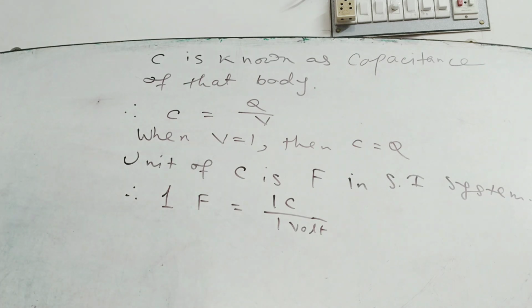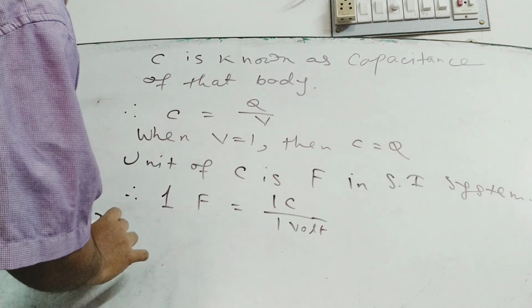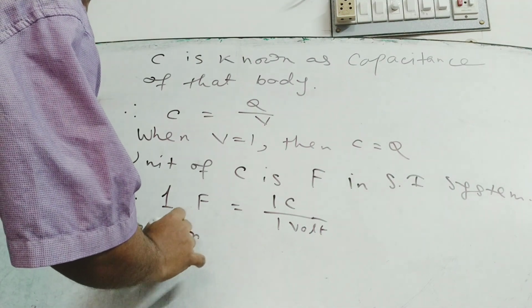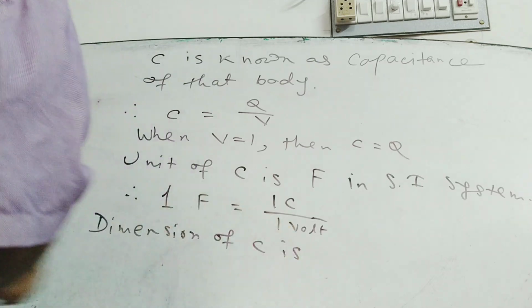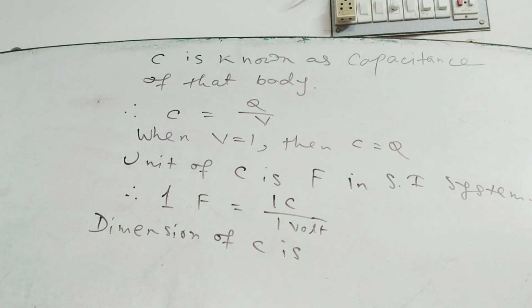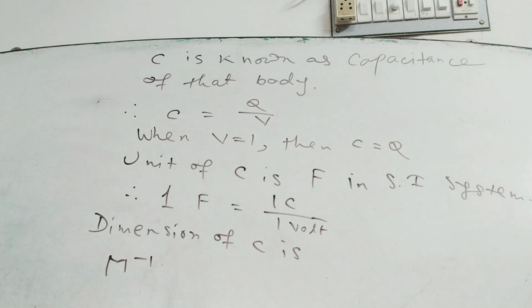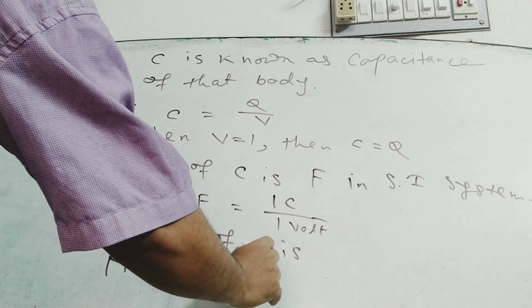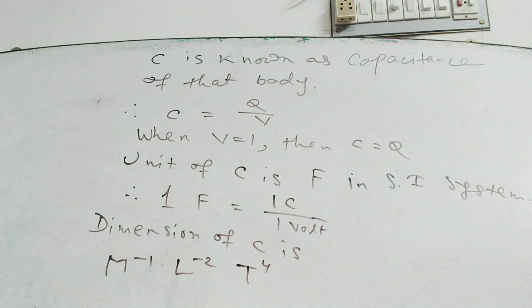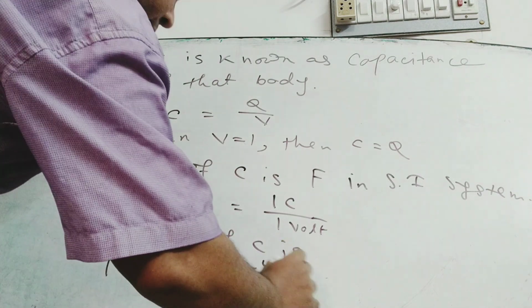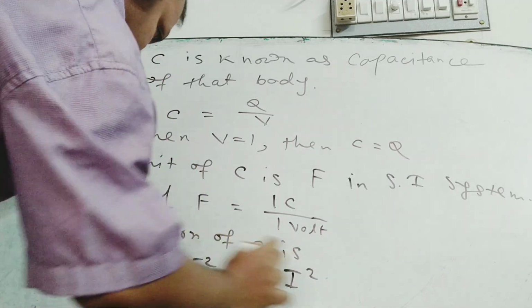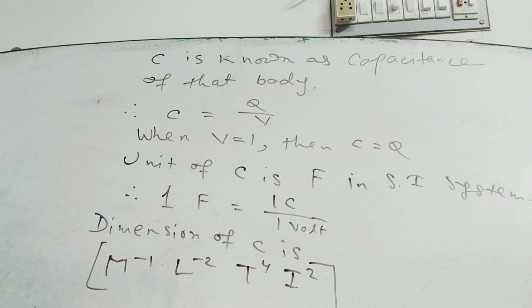The dimension of C is M^-1 L^-2 T^4 I^2.